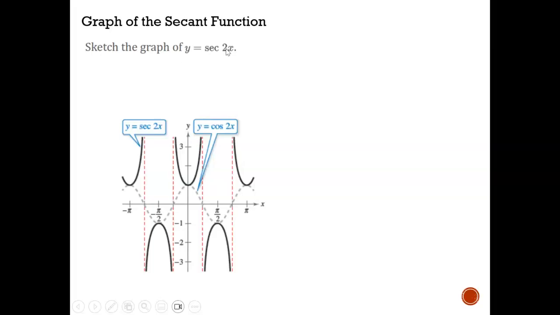Okay, now if you graph y equals secant of 2x, first you have to graph y equals cosine of 2x. Once you graph the cosine of 2x, which I showed you at the first part of this presentation, which was graphing the sine and cosine, then at every intercept, there's going to be some asymptotes.